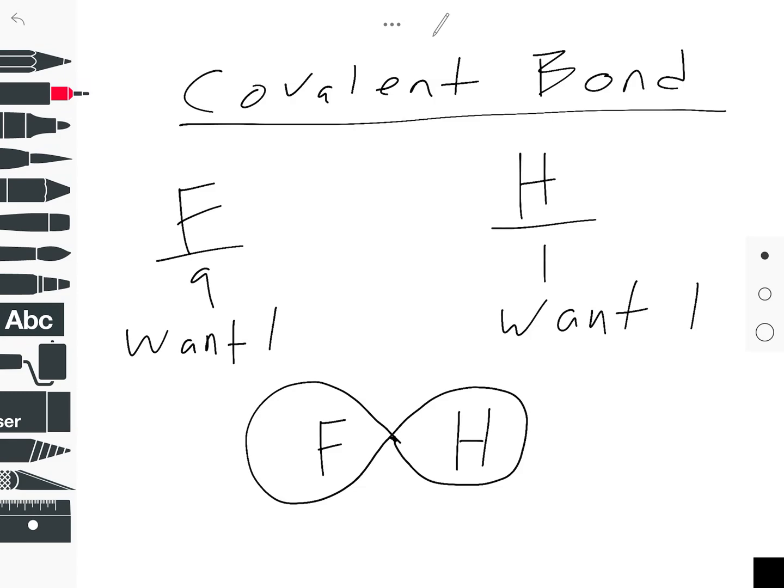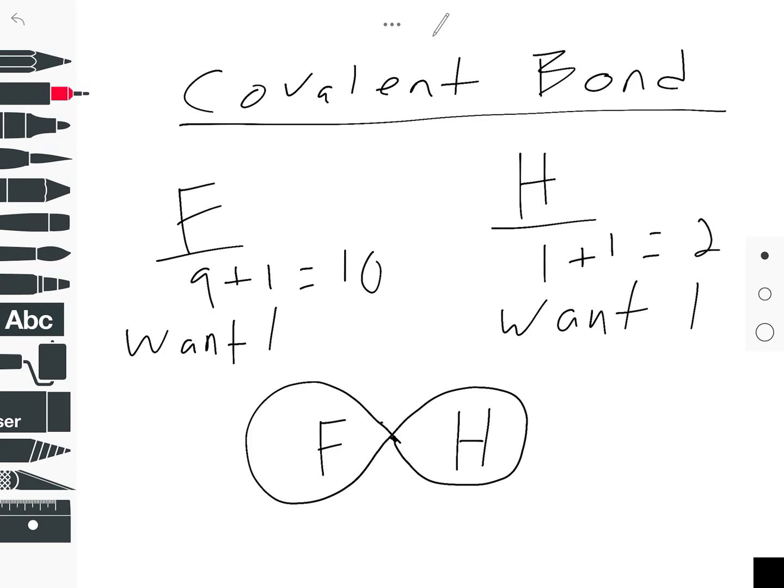The electron flies around both of them, and it's like they're sharing one, so it's +1 to each of these. Fluorine turns into 10 electrons, hydrogen turns into 2, and then they have the electrons that they want.